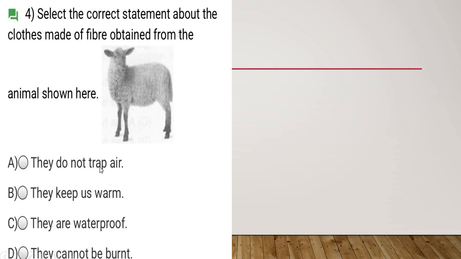Just select it quickly. Okay, let's see whether they are waterproof, they keep us warm, do not trap air, or they cannot burn. Let's see the cloth obtained from this sheep and where it goes to. So the answer to the 16th is option B, they keep us warm.